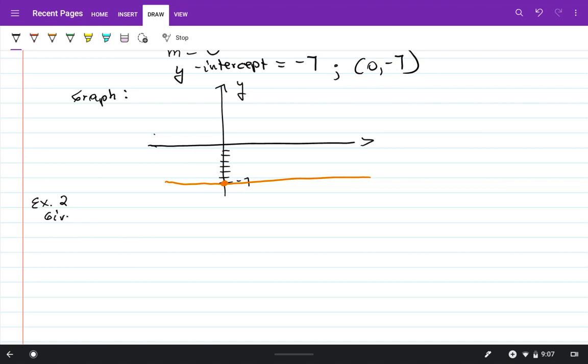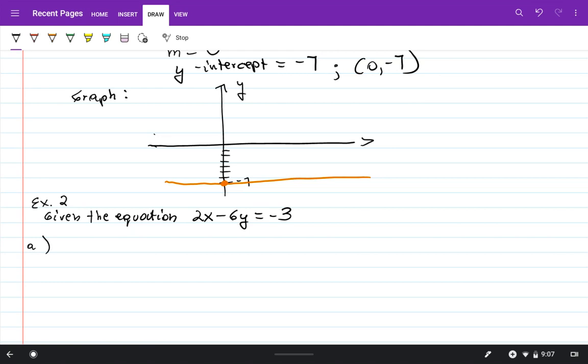Okay, so let's talk about example 2, a little more advanced. Given the equation 2x minus 6y equal negative 3, we're going to do two parts here.